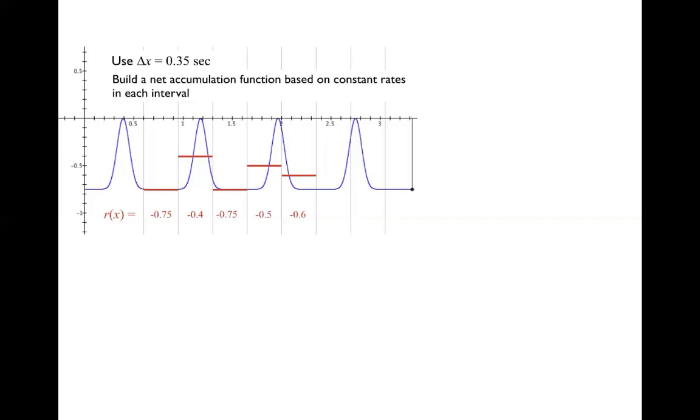Because with constant rates, then we can apply dy equals mdx and start working towards accumulation, dy. Notice this one now is kind of the mirror image of this one. So I said negative 0.6 again.